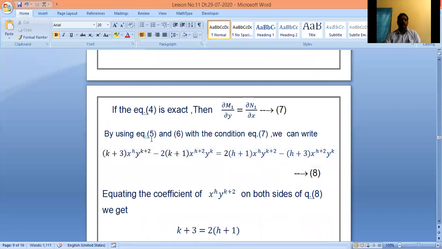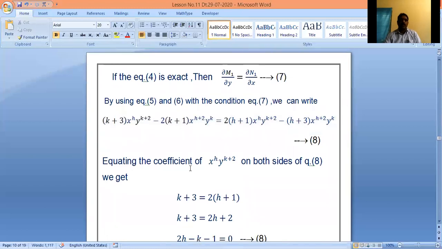By using equations 5 and 6 with the condition, equation 7, we can write (k+3) x^h y^(k+2) − 2(k+1) x^(h+2) y^k is equal to 2(h+1) x^h y^(k+2) − (h+3) x^(h+2) y^k. Let this equation be 8.